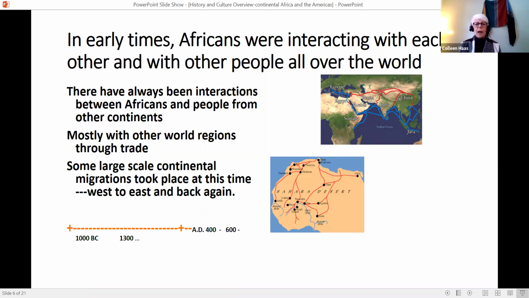So we can go back all the way to 1000 BC, 1300 BC, and way before the Roman Empire, we see that there are these civilizations and early kingdoms. This map here shows some of the trade routes that went from north to south, or north to West Africa and back up through the desert. And there were also what we call transcontinental trade routes that went from west to east and east to west.